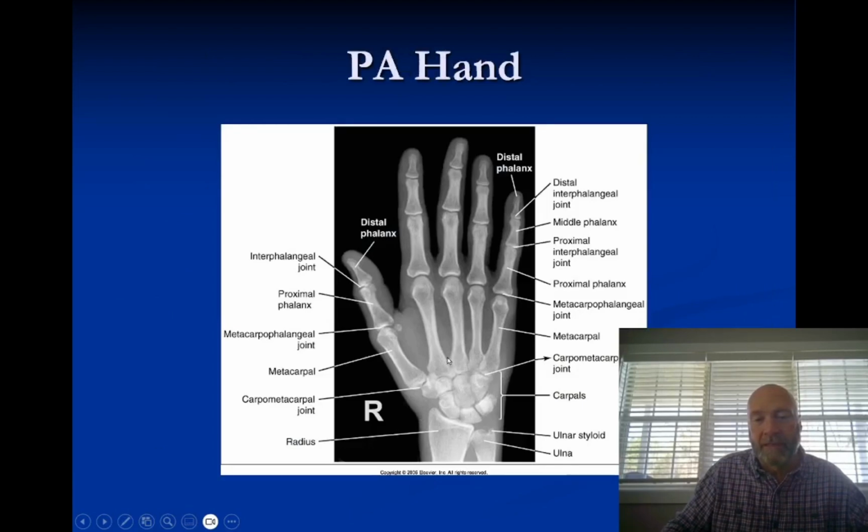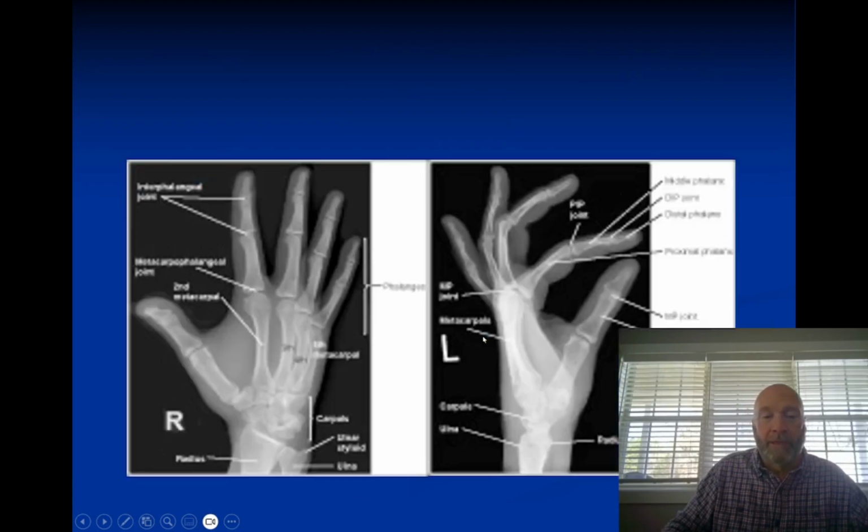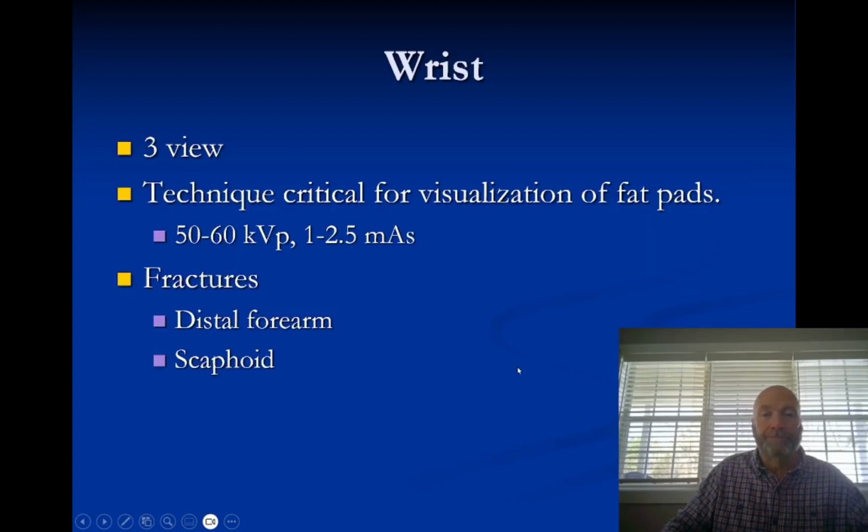On the PA we've got a little bit of superimposition. These are fanned out pretty well. But once we get to that external oblique, we get an increase in superimposition, maybe a slight decrease between number 2 and 3. And then, of course, on a lateral, everything should be superimposed.